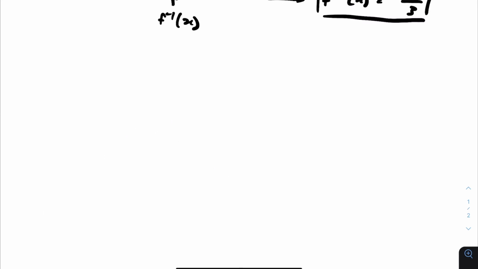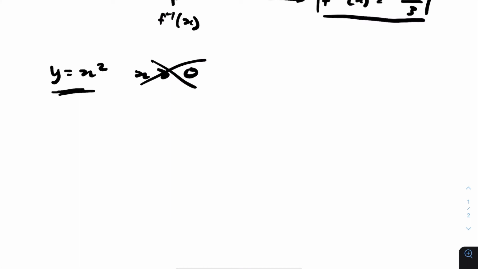So that's the graphical way if you want to just see it. Now, coming back to my example of y equals x squared, and you notice how I changed the domain so that x is greater than 0. The reason I did this is because y equals x squared without this domain actually does not have an inverse.